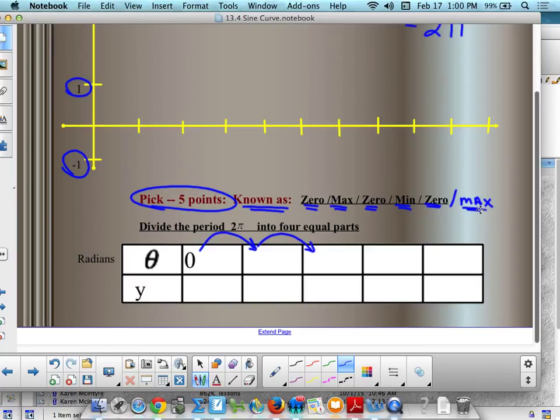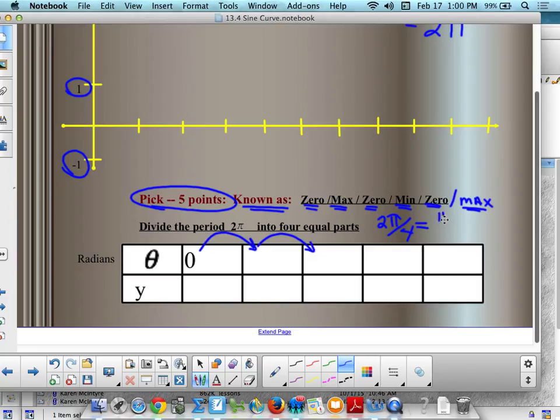Okay? Now, here's the only thing you need to know on this slide. You need to know 2 pi is your period all the time. Now, divide the period 2 pi into what? 4 equal parts. Well, that means take your period, cut it in 4 parts, and what does that mean now? 1/2 pi.